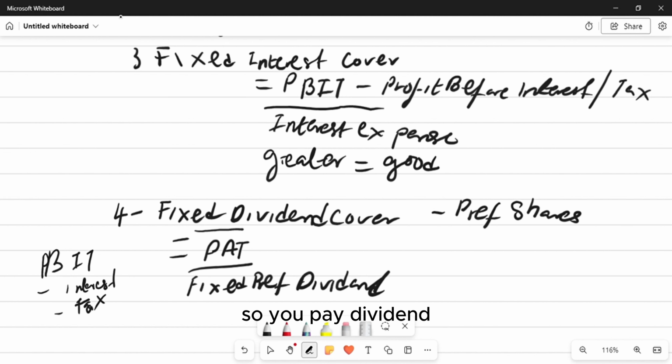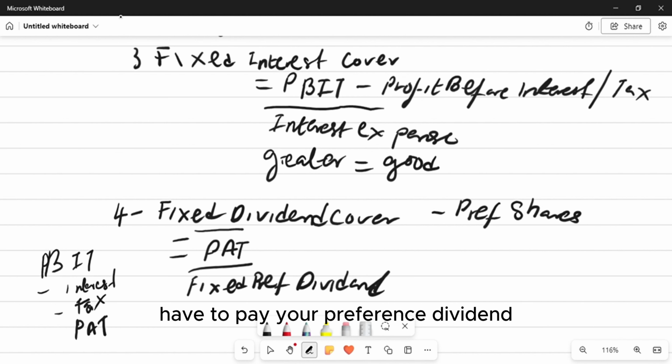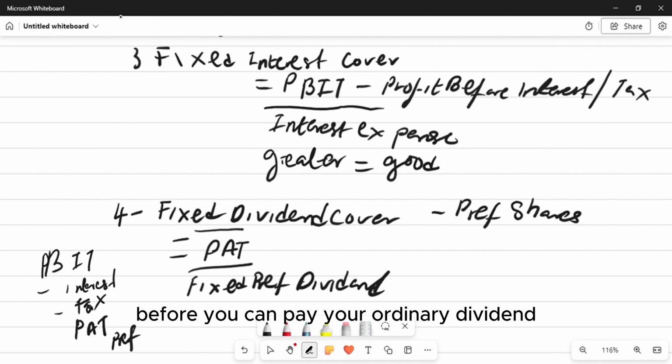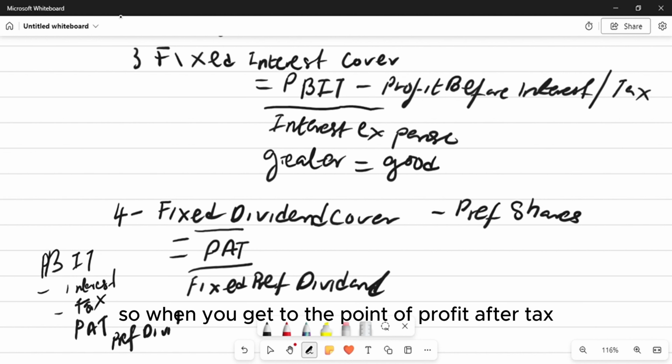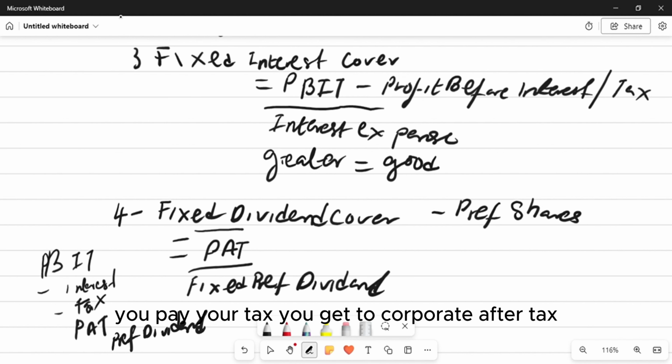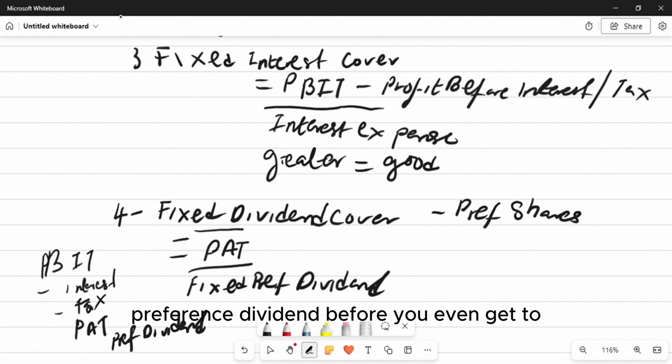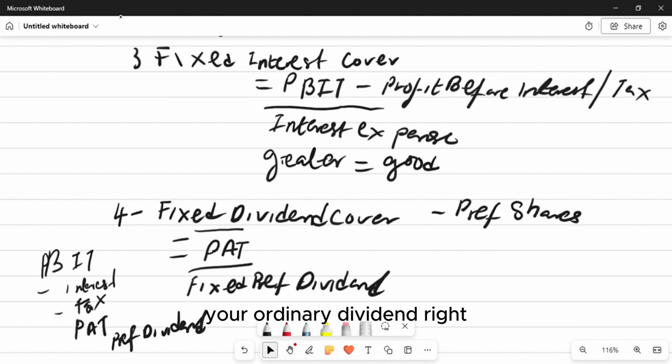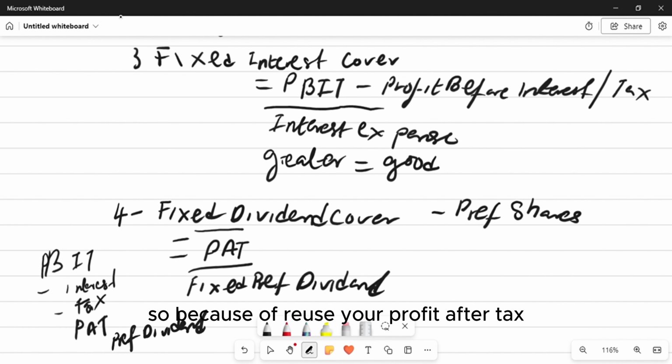You pay dividend at the point of profit after tax, but you first of all have to pay your preference dividend before you can pay your ordinary dividend. So when you get to profit after tax, you have to pay your preference dividend before you even get to your ordinary dividend, right? Because we use profit after tax to pay preference dividend, that's why we are using profit after tax in this case.